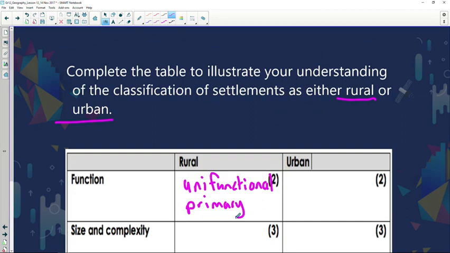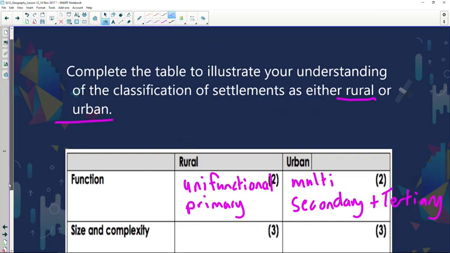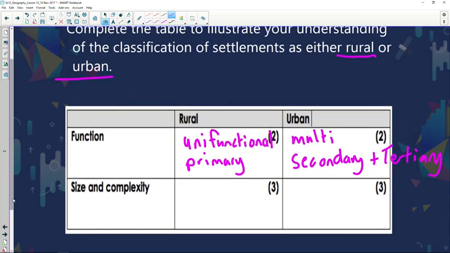When we look at urban areas, it's usually multifunctional, and it's where secondary plus tertiary activities take place. Okay, now if we look at the size and complexity, we looked at that in our previous activity. When we look at size and complexity of rural areas, it's usually very small areas. There's only a small amount of people living together.